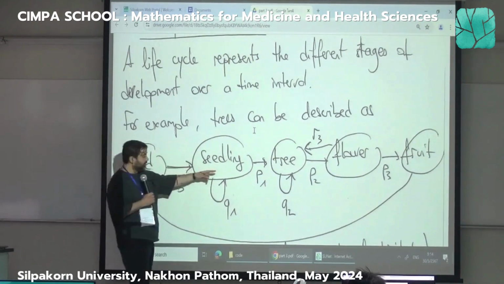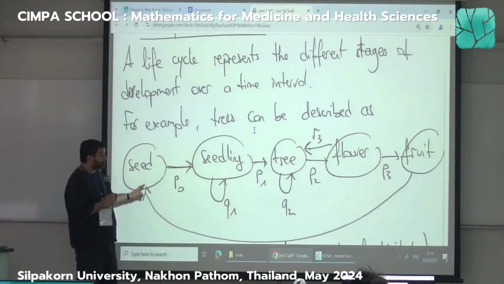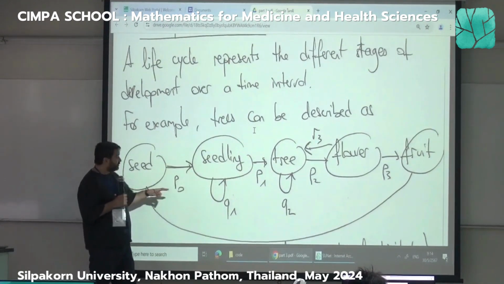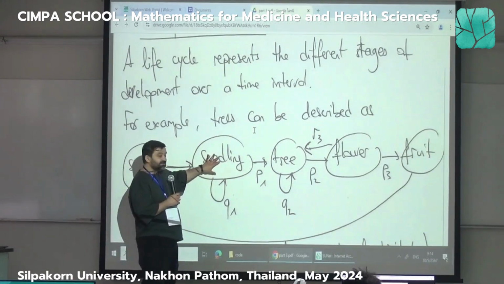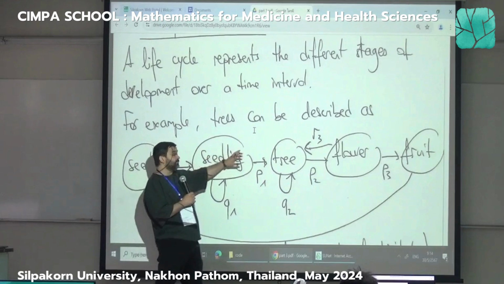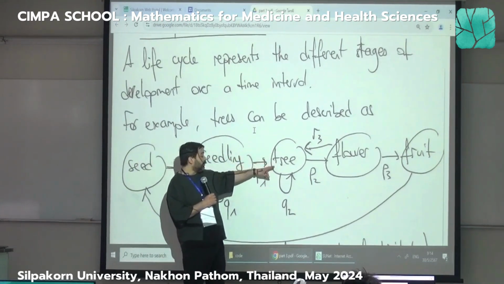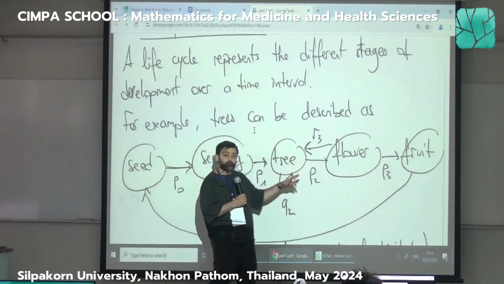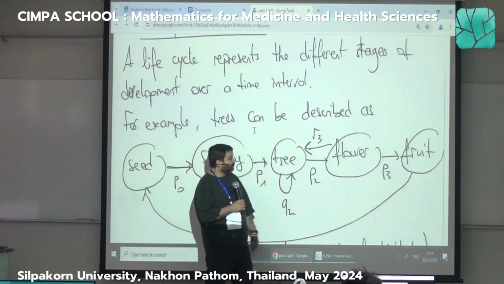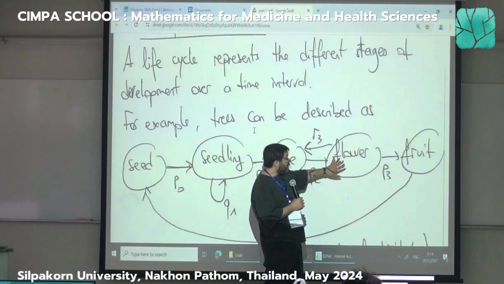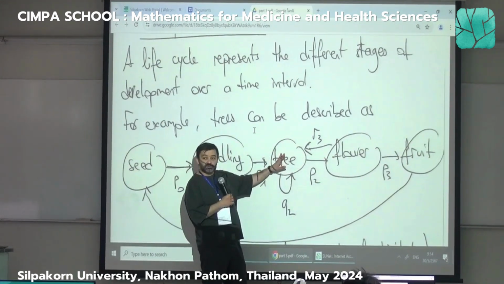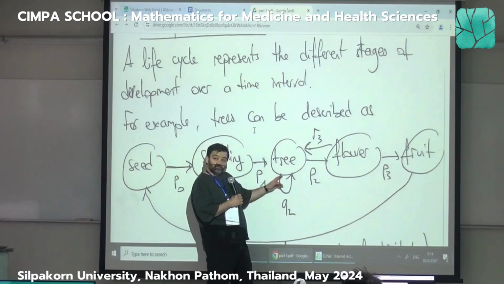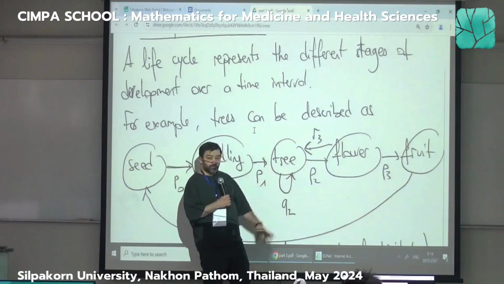You go, and then you have the birth rate. It's a little bit more complicated because you will stay, basically, not necessarily become a tree. Not all the trees will give flower. So you remain a tree, or flower. When you have no more flower, you come back to a simple tree. So you have a little bit more arrows.